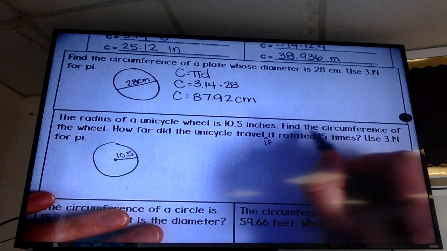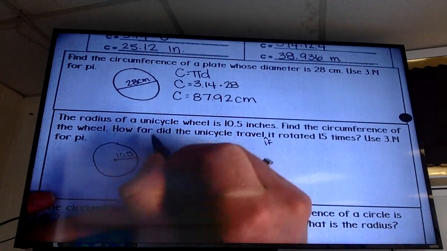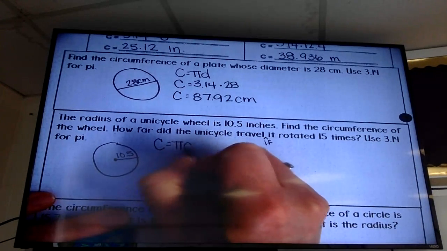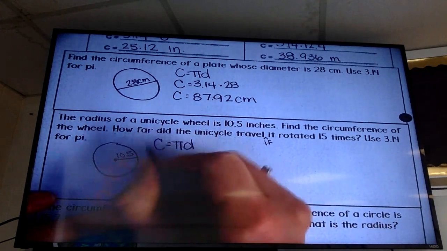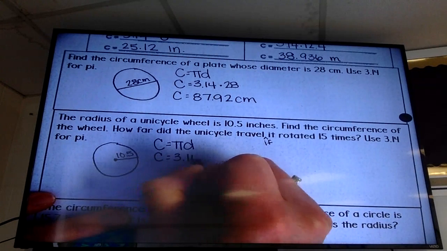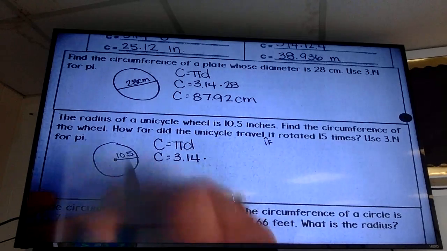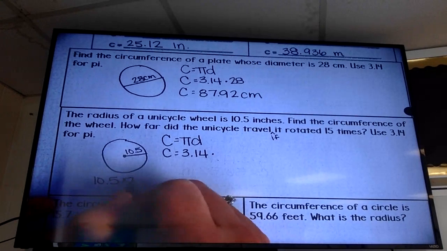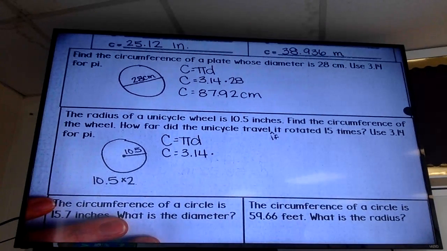Okay, let's find the circumference first, because that's the first thing it asks us to do. So I'm going to say circumference equals pi times diameter. And I'm going to say circumference equals 3.14 times, well, I know the radius is 10.5, so I have to double that or multiply it by 2 to get my diameter.